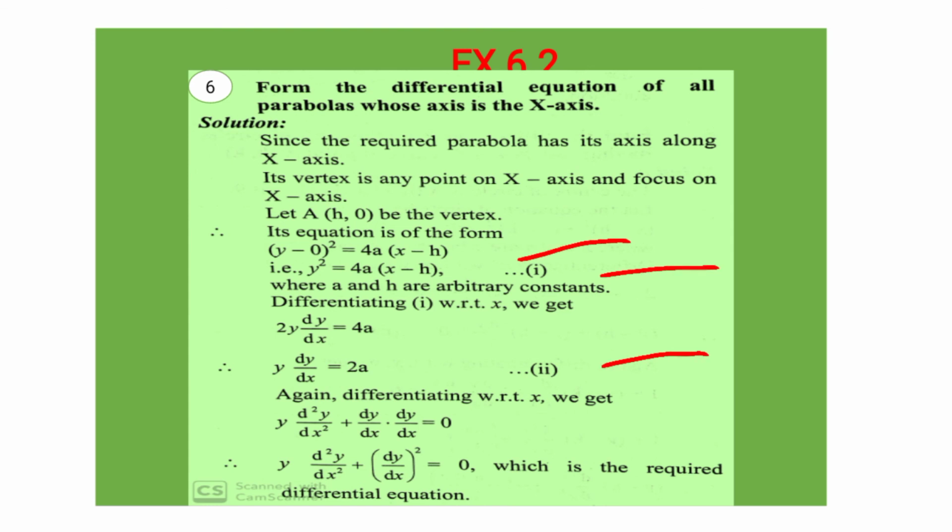Again differentiating with respect to x, we get y d2y upon dx square plus dy by dx into dy by dx is equal to 0. Therefore, y d2y upon dx square plus dy by dx the whole square is equal to 0 is the required differential equation. So here your 6.1 and 6.2 is completed.